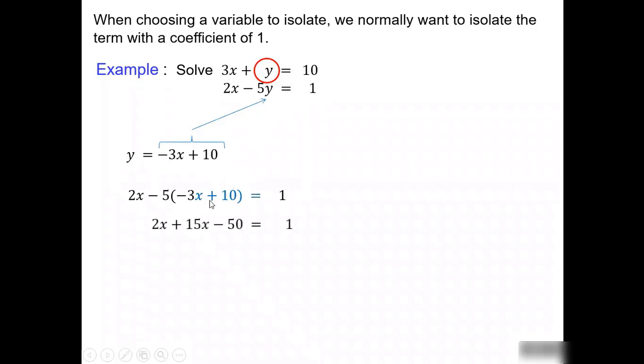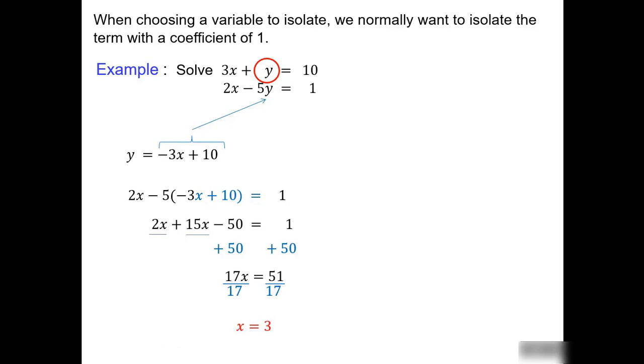Now if we distribute, we get 2x plus 15x minus 50 equals 1. And the advantage of this substitution method is that now we have a single variable to solve. Here we get 17x, and if we add 50, we get 51. Divide by 17, and we find out the first part of our point of intersection, which is x equals 3.